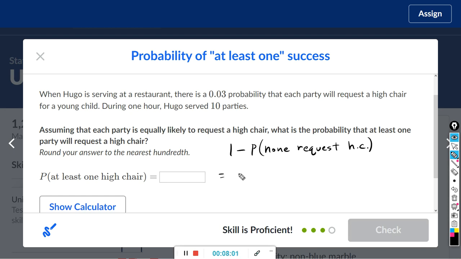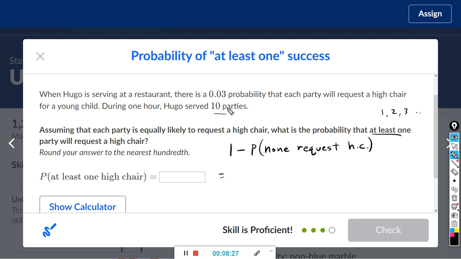All right, so see, when they say at least one, that can be 1, 2, 3, and so on, up to 10 parties, right? So the opposite of all those is going to be none. So it's going to be 1 minus the probability of none selected. All right.